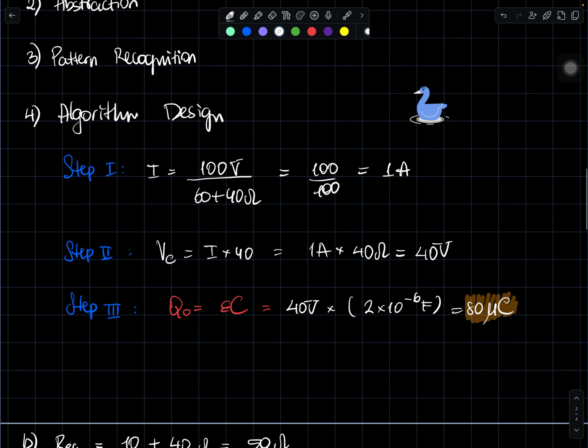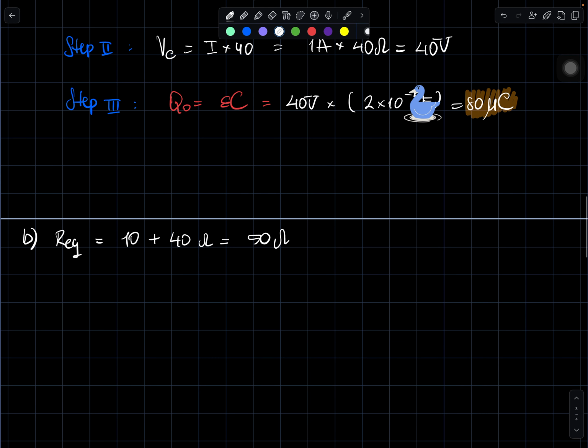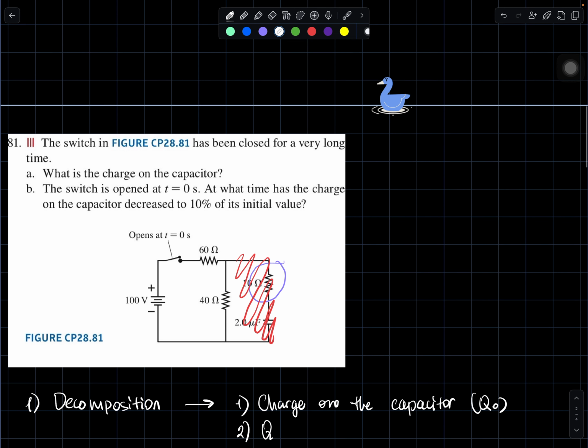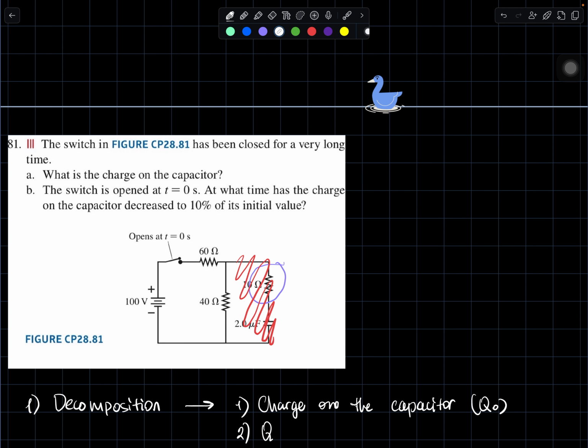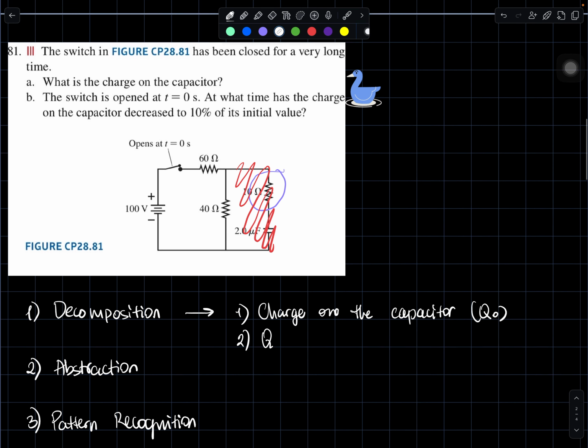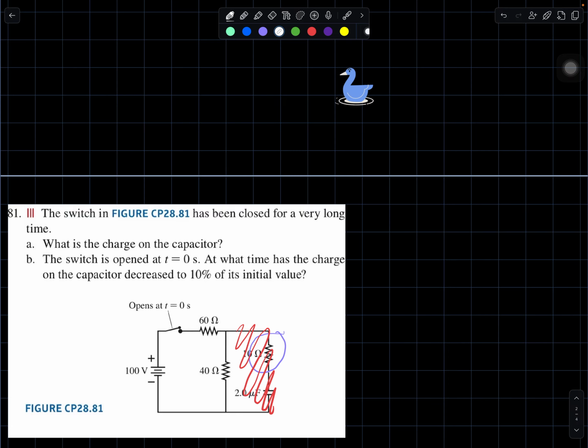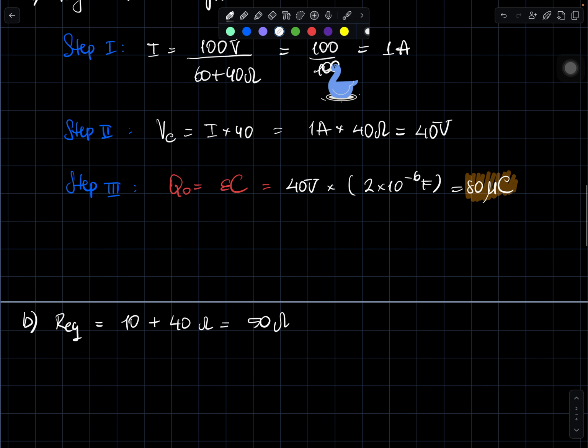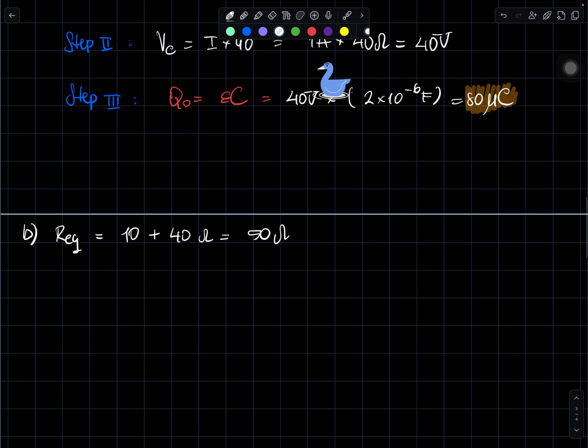We are adding them because they're in series. So this switch is open and the battery is disconnected from the capacitor. And now the capacitor has only two resistances, 10 ohm and 40 ohm in series.